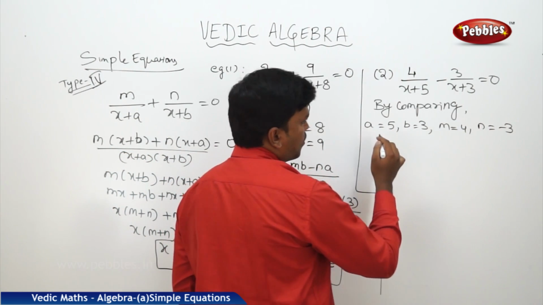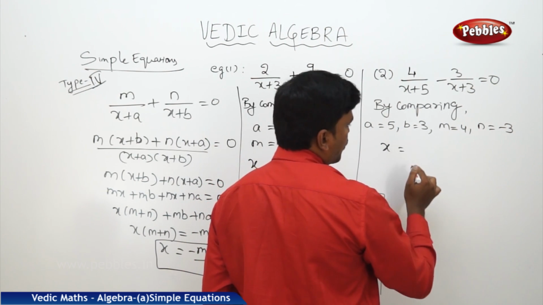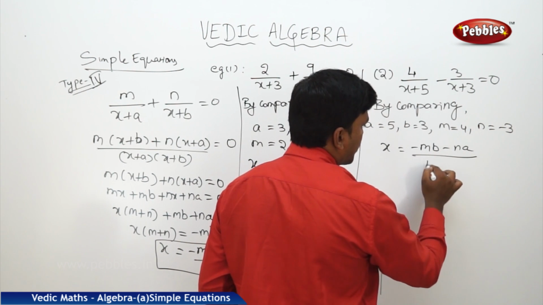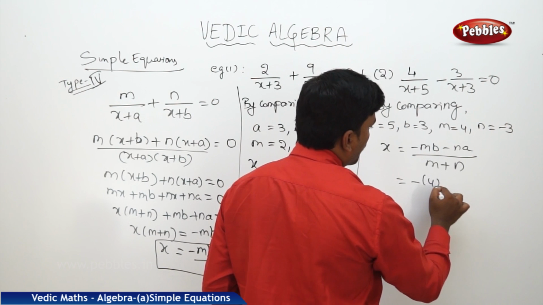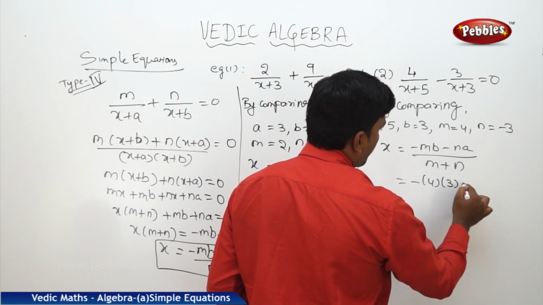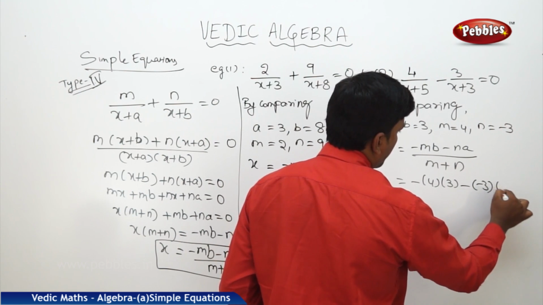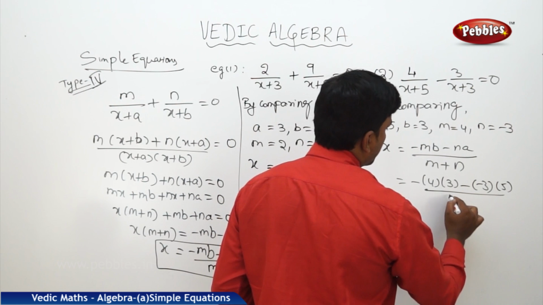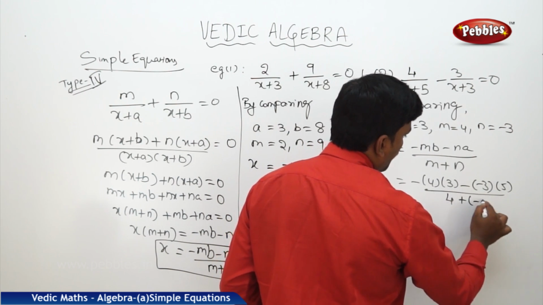Now see here, what is the solution? Finally, the solution of x is equal to, you should remember this one, minus mb minus na by m plus n. So m is 4, b is 3, n is minus 3, a value is 5, by m plus n, that is 4 plus of minus 3.